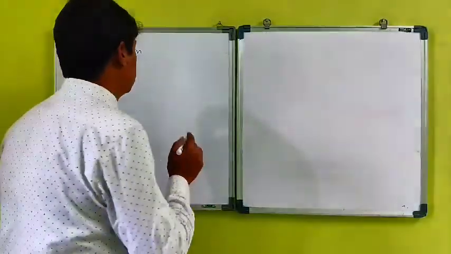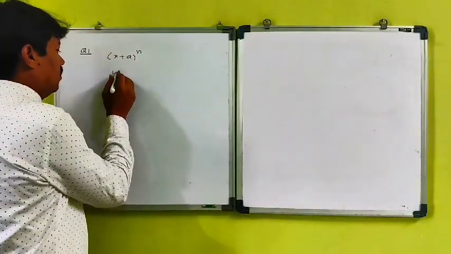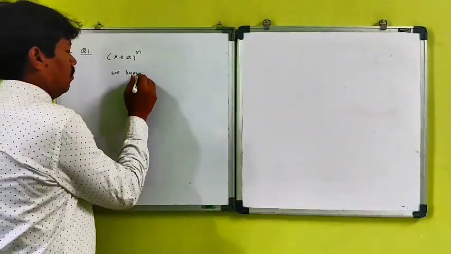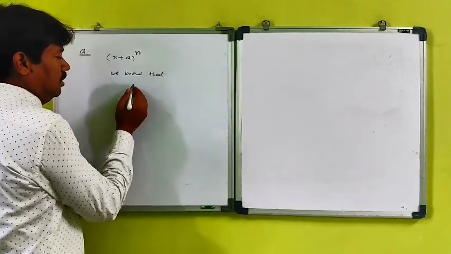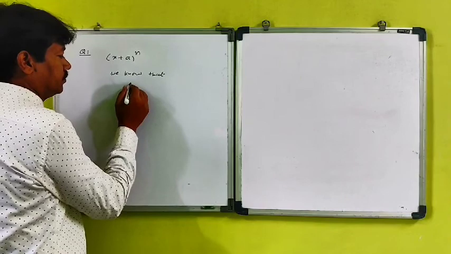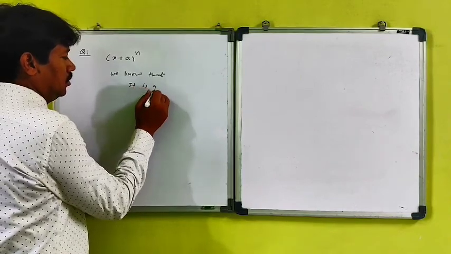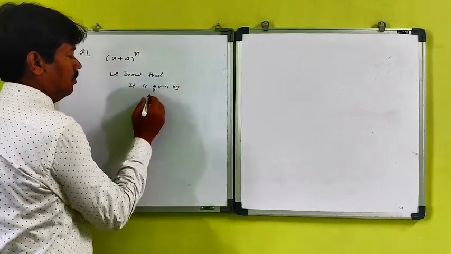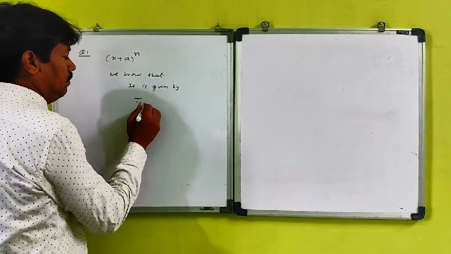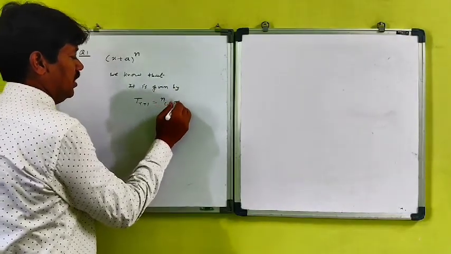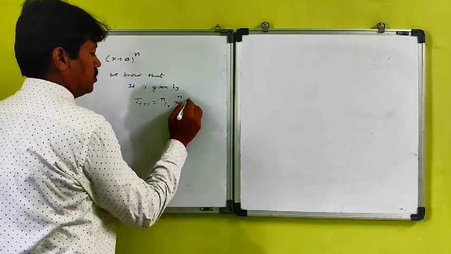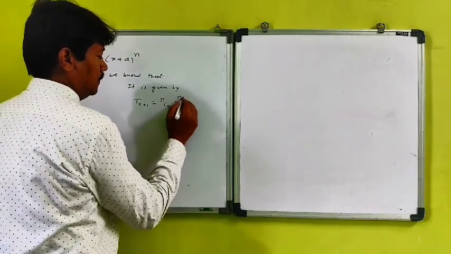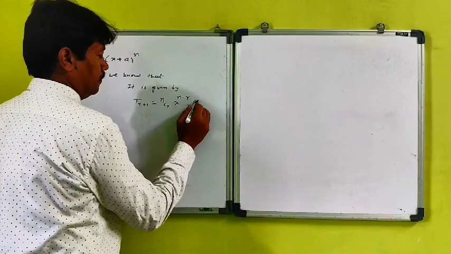We know it's a simple formula here. It is given by T r plus 1 is nCr, x raised to n minus r, a raised to r.